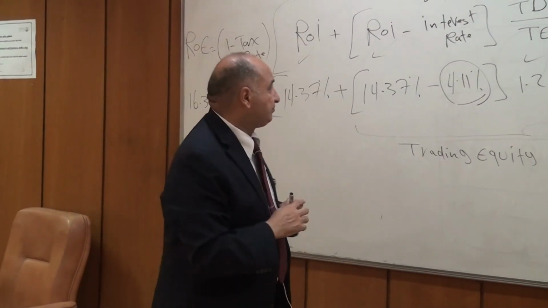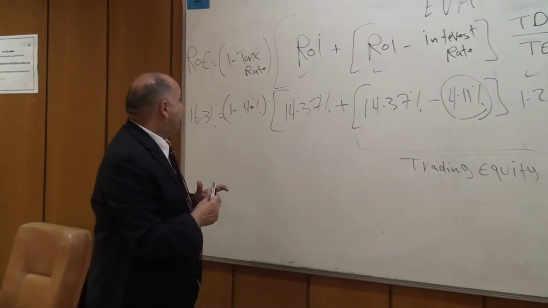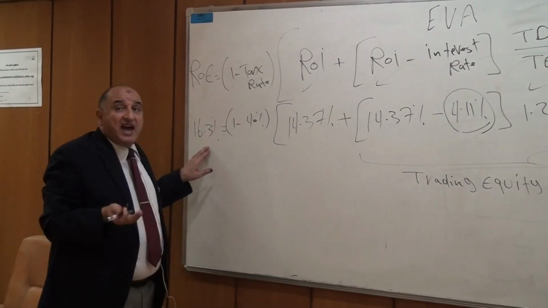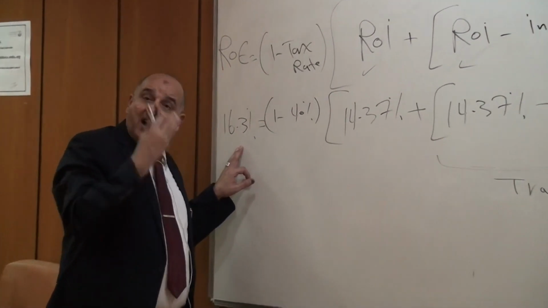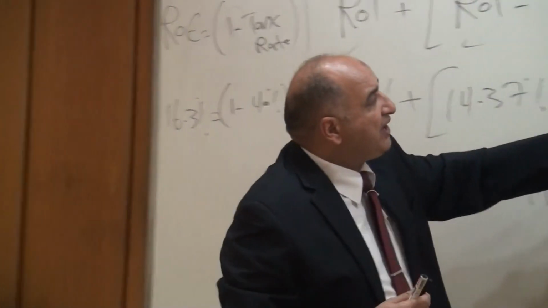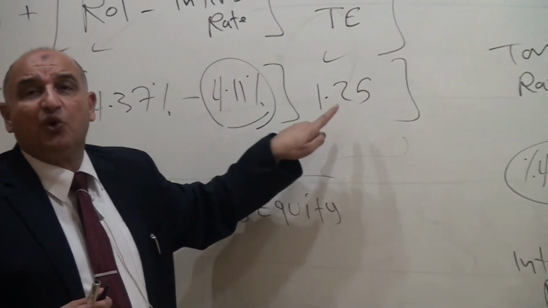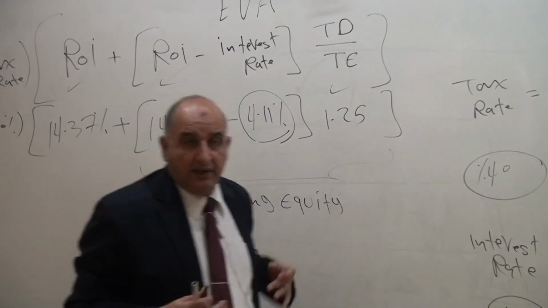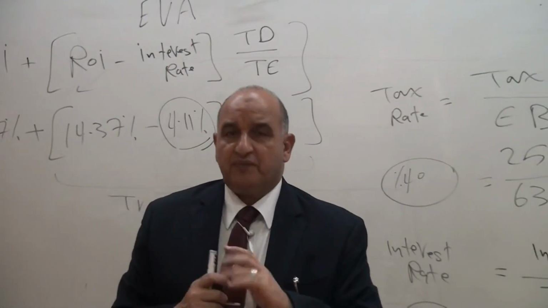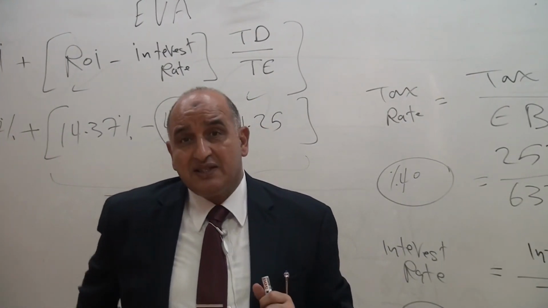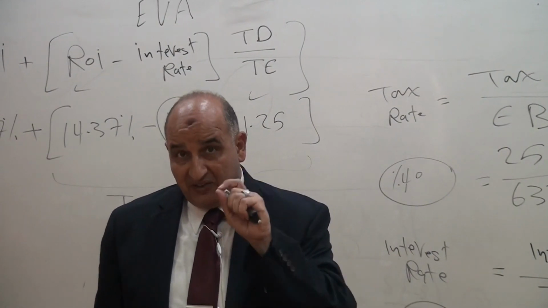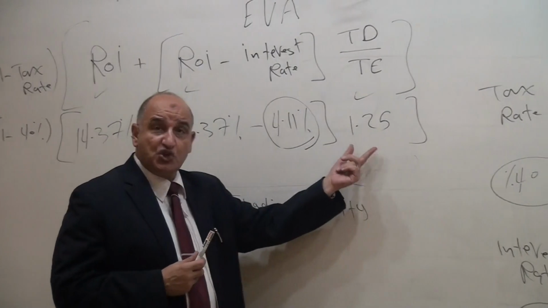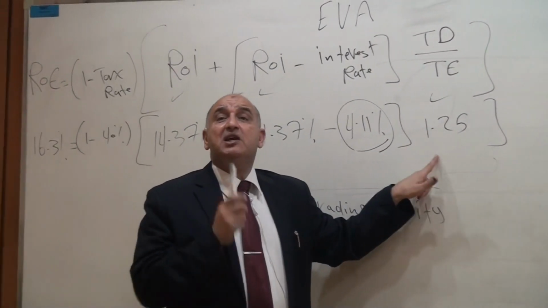So again, in this case, we have 16.3 and we can increase it to be higher if we rely more on loans by increasing the total debt to total equity. Let me talk to you about Japan as a country. They increased this ratio to be 3.2.